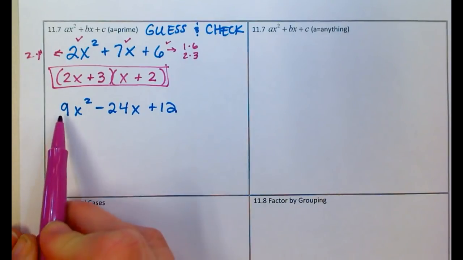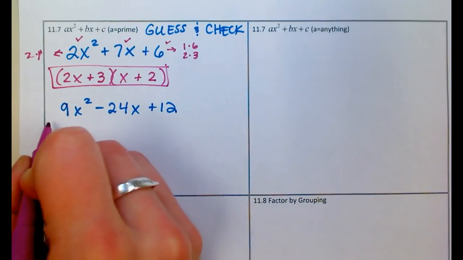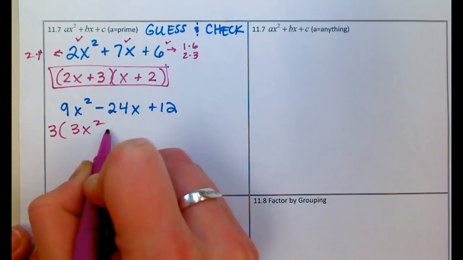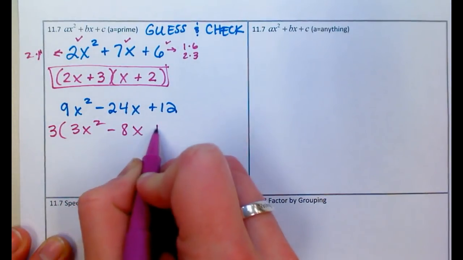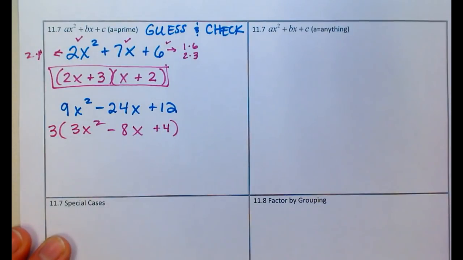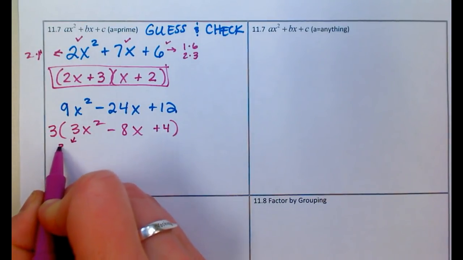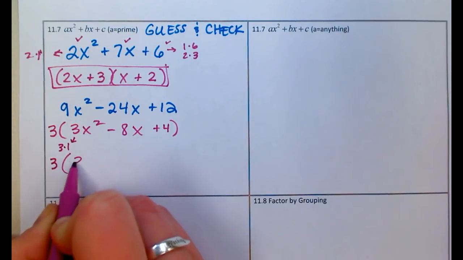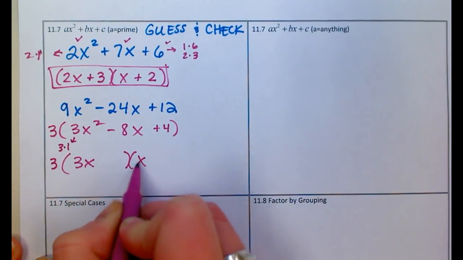In this case, between 9, 24, and 12, we have a 3, which leaves 3x squared minus 8x plus 4. Now I can factor this out. My possibilities for 3 are 3 and 1. So GCF comes first, then I have 3x and x.